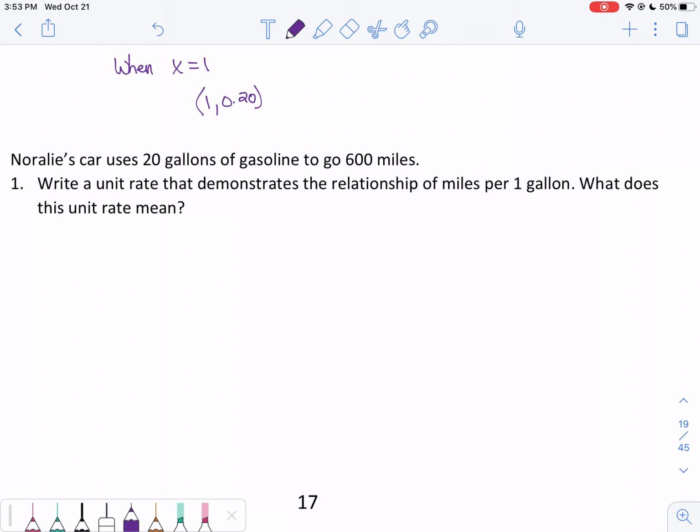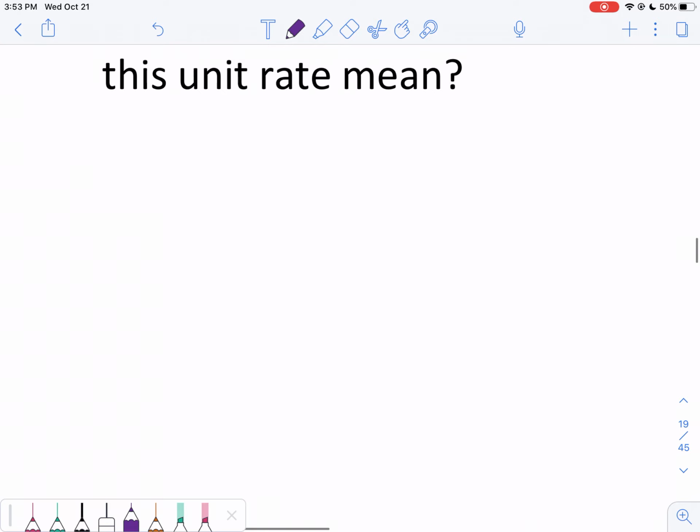Okay, so the denominator is 1, so that means we want per 1 gallon, so we need gallons to be in the denominator. So we're gonna do miles over gallons.